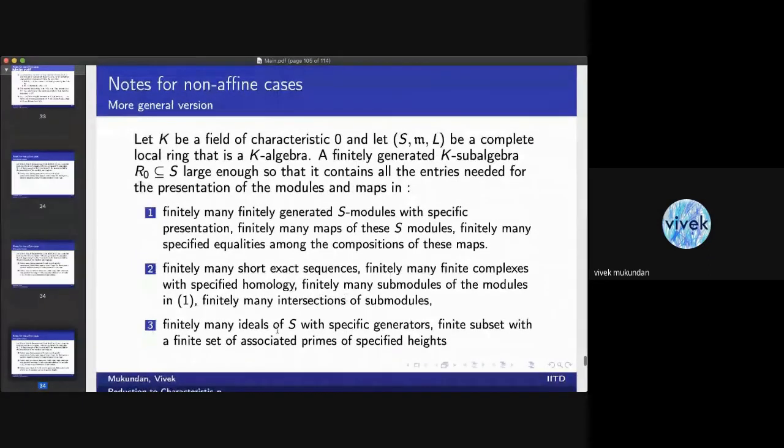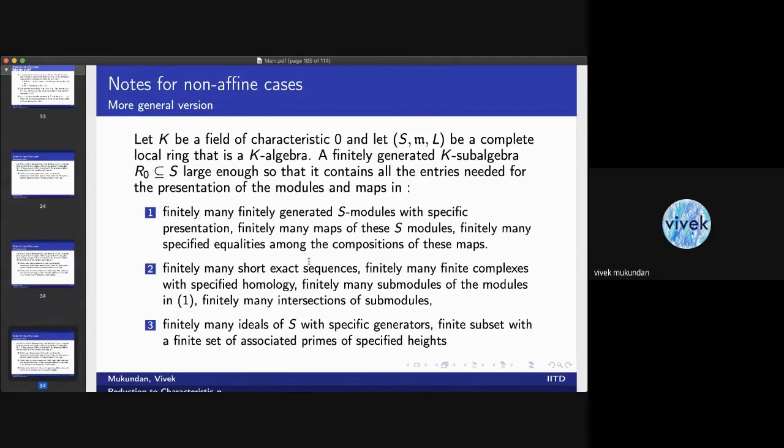Or if you're given finitely many ideals with specific generators and a finite subset of finitely many associated primes of a certain height. If you're given any of the finite set of data, you make your ring R0 sit inside R large enough so that these entries and these rings make sense.